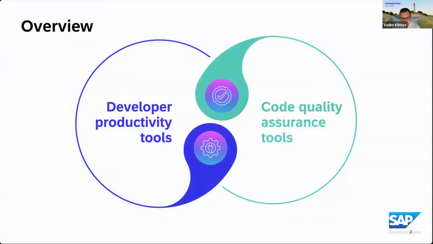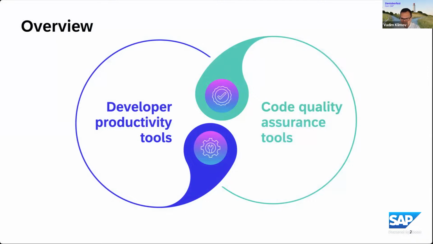When we speak about developer productivity and code quality, although techniques and tools are quite different areas, I would like to start with the emphasis that they play hand in hand. So we have developer productivity tools that help the developer work better and have the better toolbox to compose higher quality scripts.